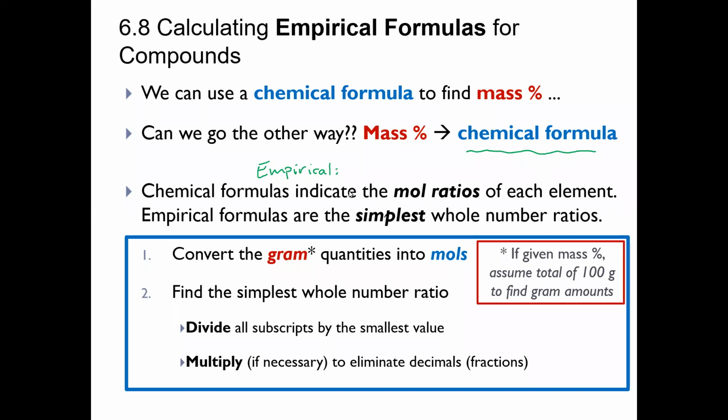This is not in terms of grams, but in terms of the number of actual atoms, or the simplest ratio for the number of atoms. Or if we want to scale up, it can be the ratio of moles for each element.